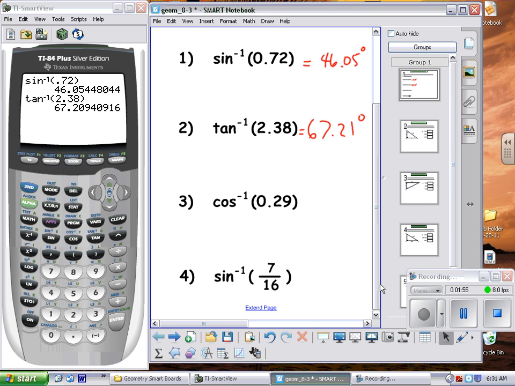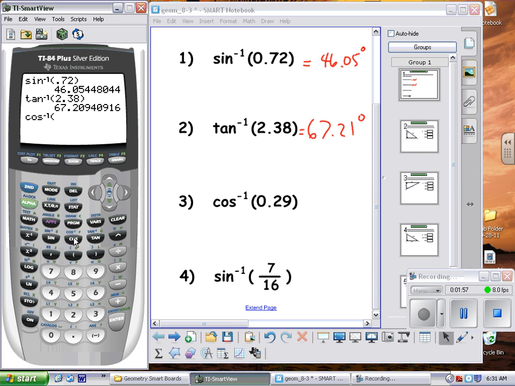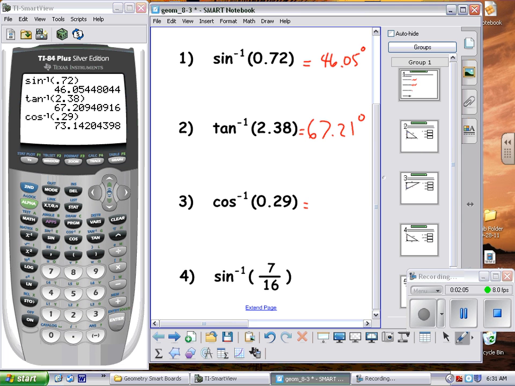Cosine, try one of those. 73 degrees. So again, if the ratio is 0.29, then the angle is 73 degrees in a right triangle.